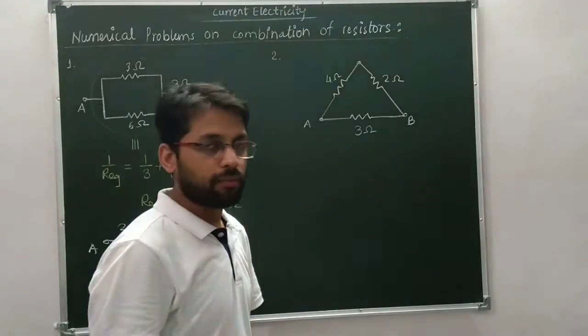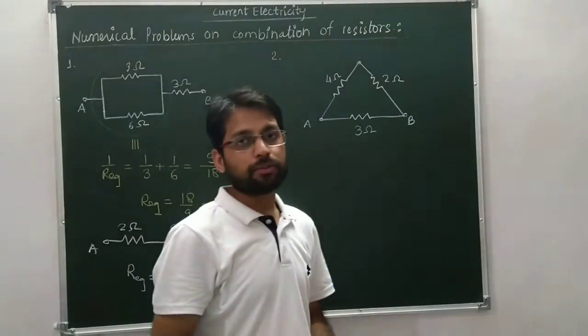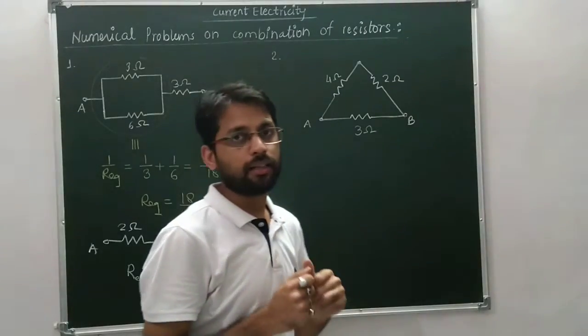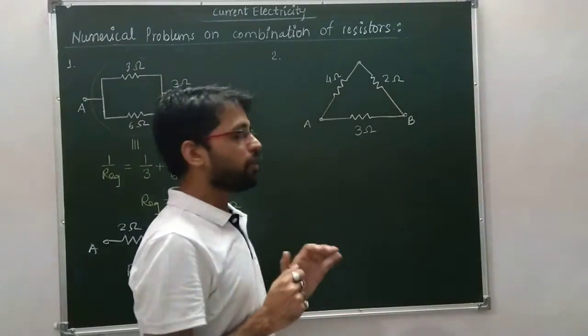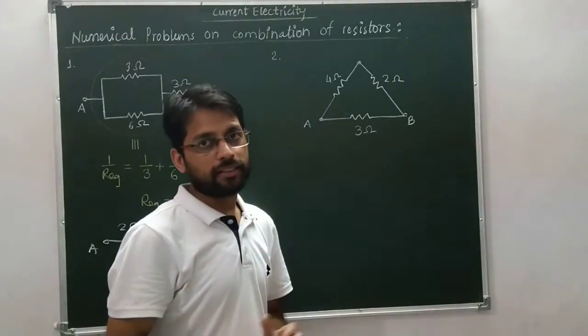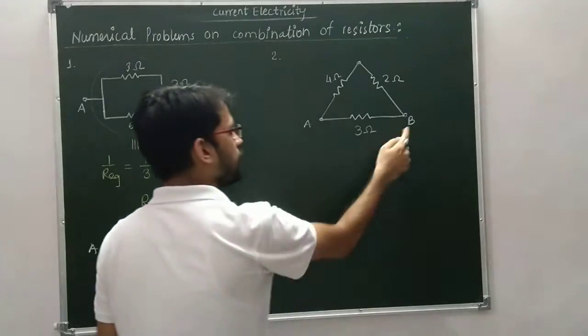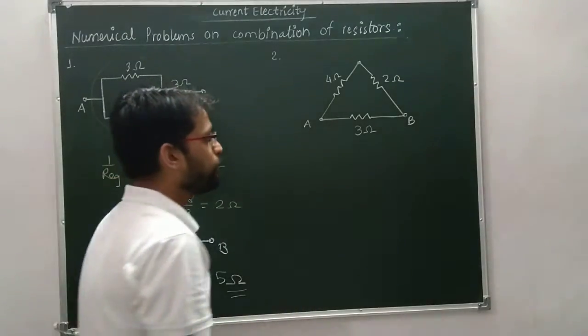Equivalent resistance is always calculated across two terminals. If the two terminals are not defined, then we cannot calculate the equivalent resistance. So here we have to find the equivalent resistance across A and B.